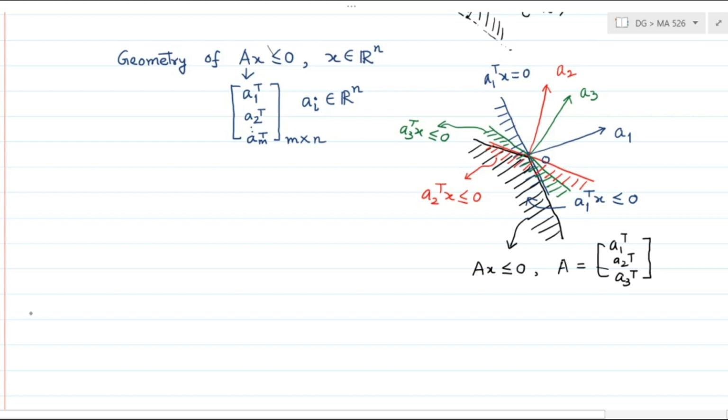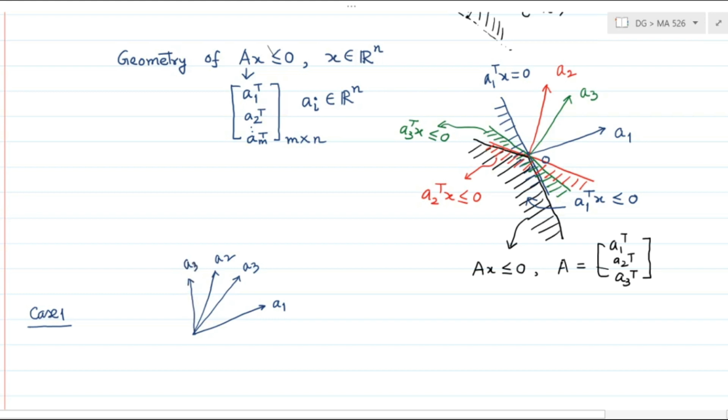The first case, case 1, says that you have the vectors A1, A2, A3, and another vector, let's say A4, here.